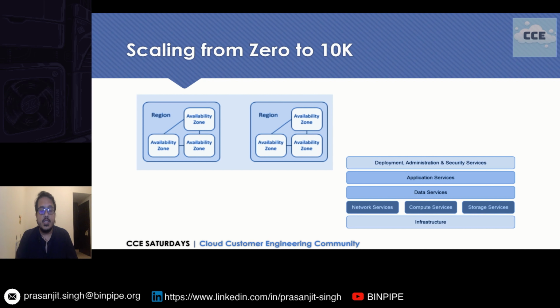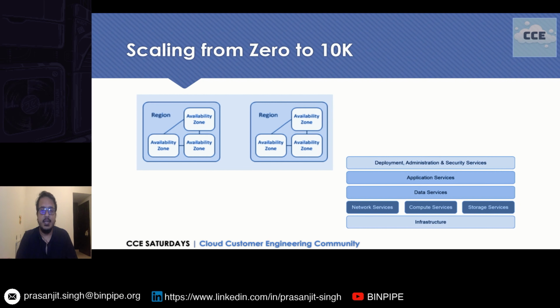All right, so on the right side you're seeing a block diagram. Now this is a blueprint of a public cloud service, like how the public cloud offerings are differentiated into various layers. So a public cloud provides infrastructure, and this infrastructure could be network services, compute services, and storage services, basically these three.